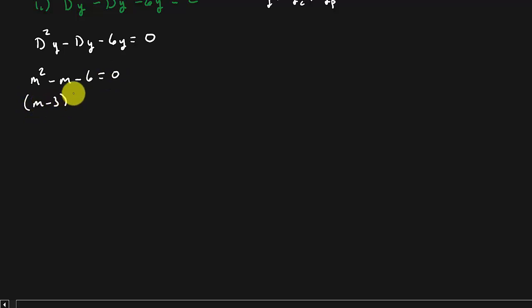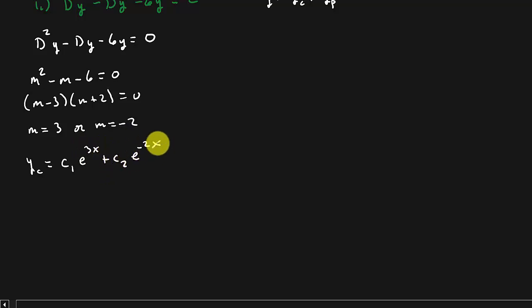So m minus 3 times m plus 2 equals 0. And so m equals 3 or m equals -2. And so for y sub c, we get c1 e to the 3x plus c2 e to the -2x. So there's our complementary solution.